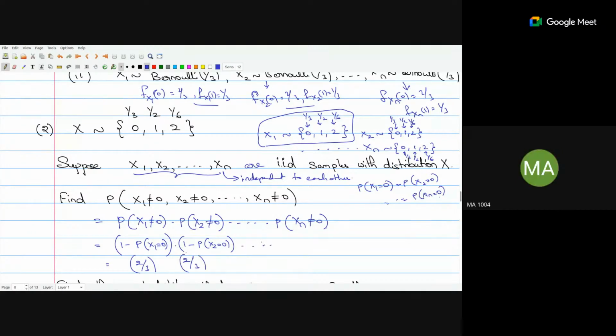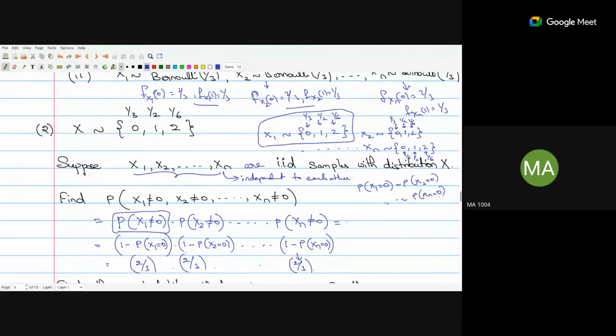And even the probability that Xn not equals 0 is 1 minus the probability that Xn equals 0, and you will get 2 by 3 only. So if you observe correctly, the probability that X1 not equals 0 is the same as the probability that X2 not equals 0, X3 not equals 0, and so on, Xn not equals 0.